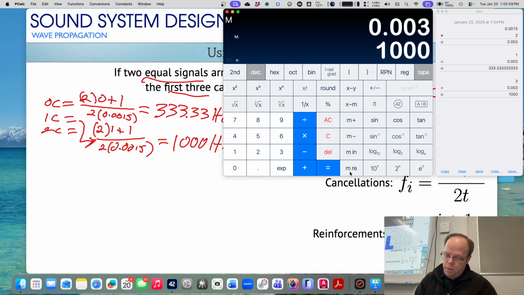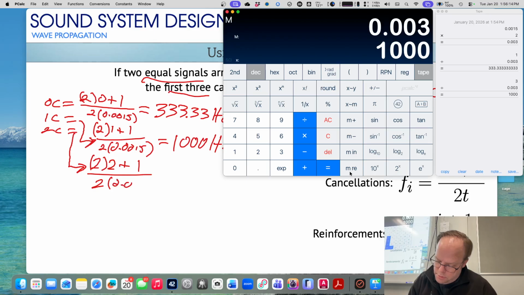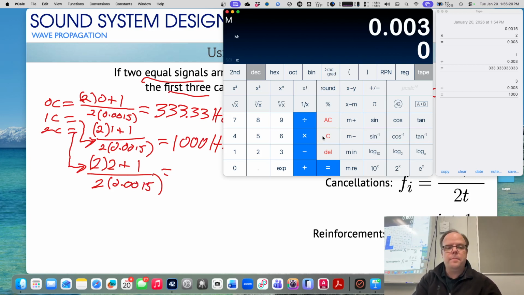Yeah? Okay, so now let's do the third one. So this is going to be 2 times 2 plus 1 divided by 2 times 0.0015. So that's going to be 5. 2 times 2 plus 1.